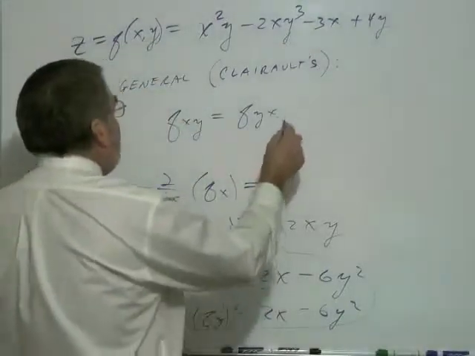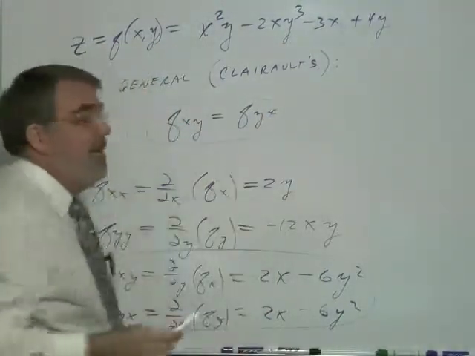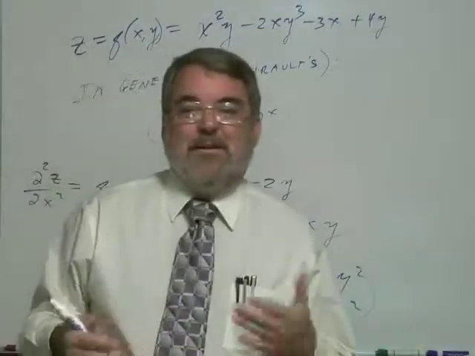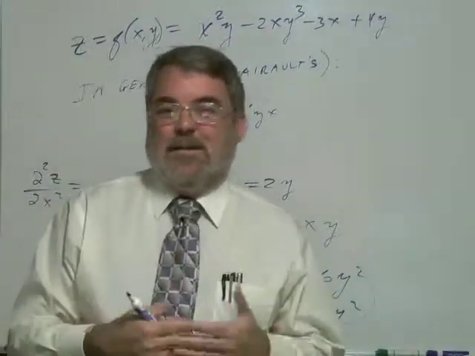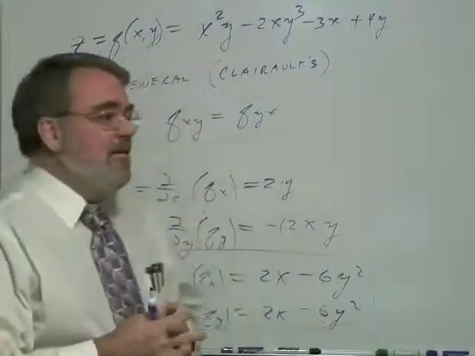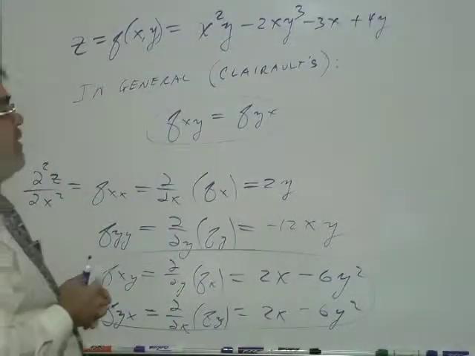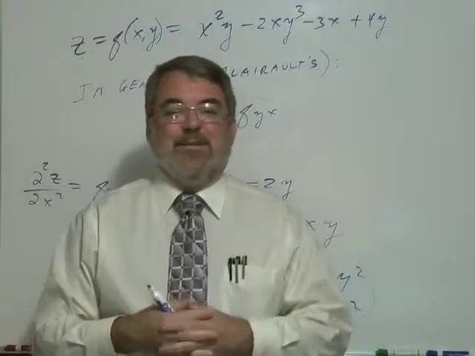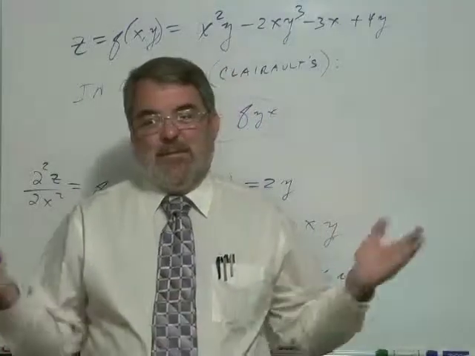Alright, so this is a pretty important result, and it has quite a bearing on this topic we're about to get into in differential equations. And so, anyway, there's your introduction to partial derivatives, and now let's go apply them.